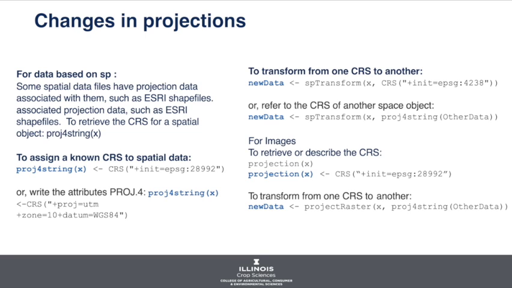So these are conventions, and they allow you to assign the coordinates to a data set, the defined projection. And it can also be used to change or transform the coordinate system from one to another.